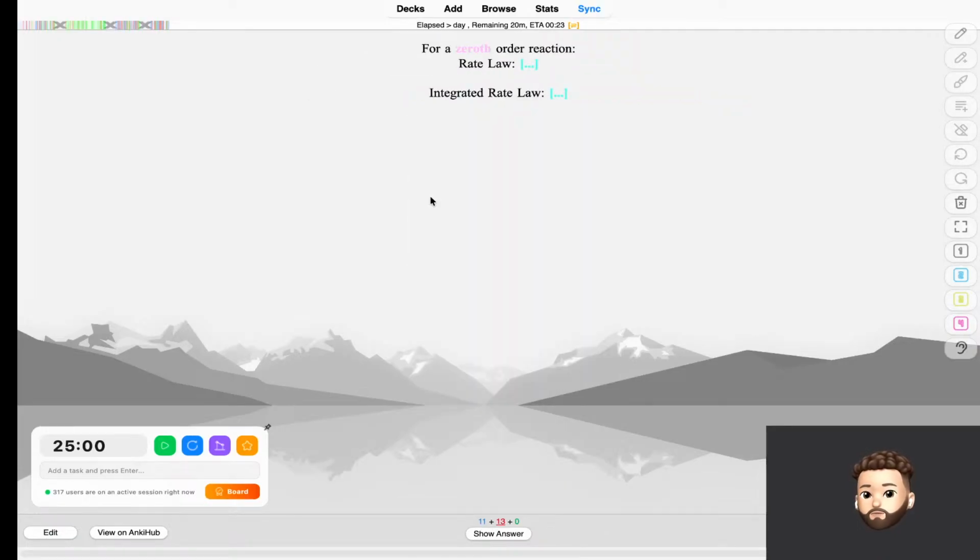So the rate law is going to be rate is equal to k. The integrated rate law is going to be concentration of A is equal to concentration of A naught minus kt.